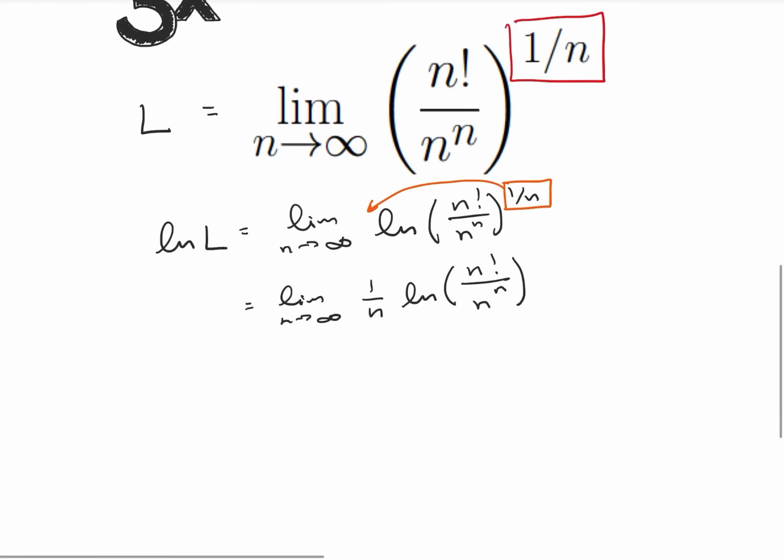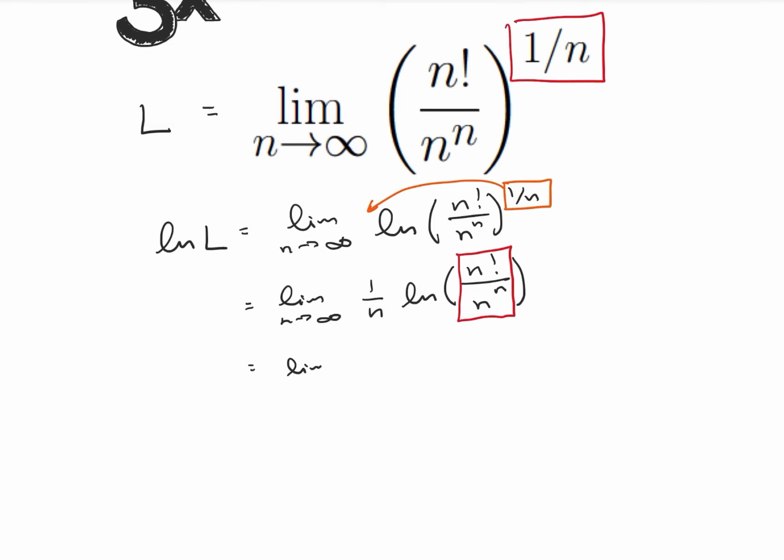Okay, so let's look at the inside now. This thing is still pretty ugly in here, but we notice that we have some things going on that might be interesting. So this n to the n and this n factorial, let's see what those guys look like if we break them up.